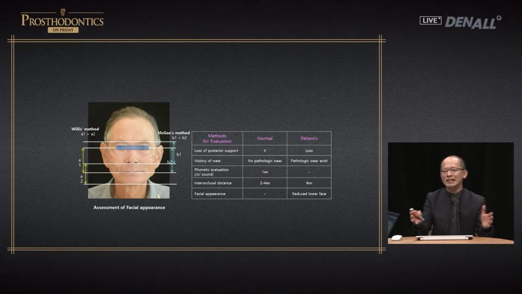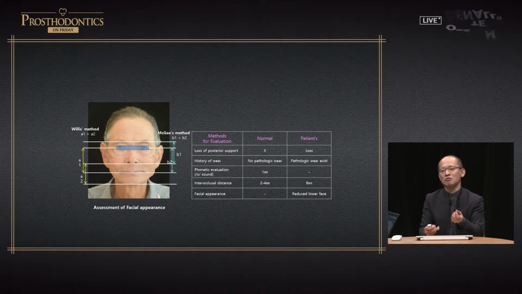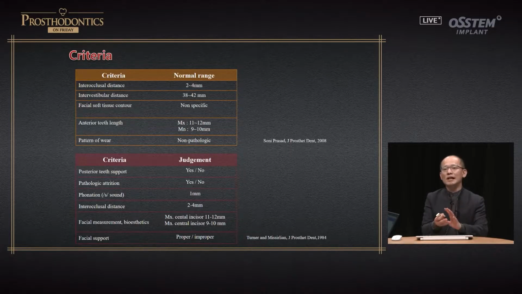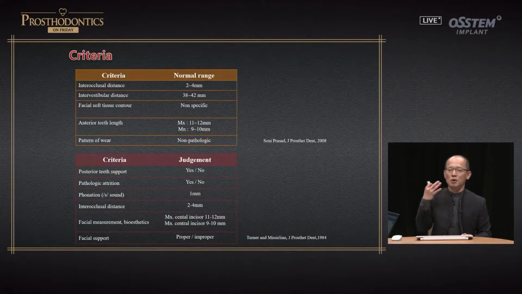So being sufficient might be better. If you keep that range in mind, then aesthetic support, posterior support is important, and the patient being comfortable with it is also key. Depending on scholars, there are different criteria. There's no one right answer.